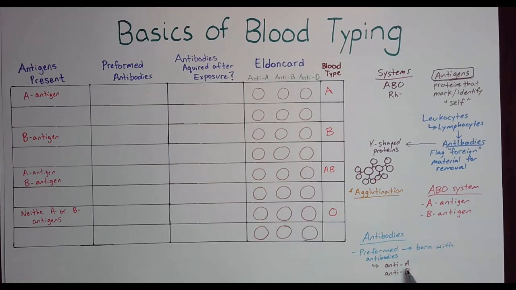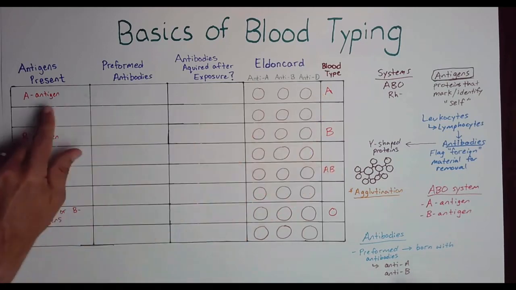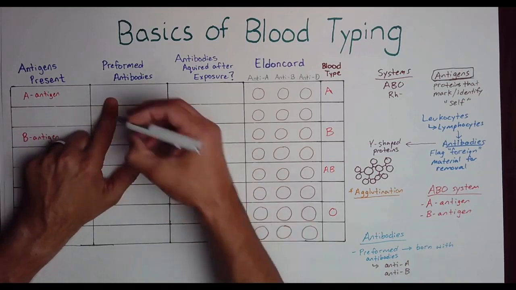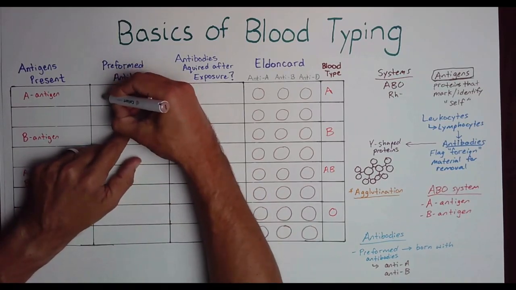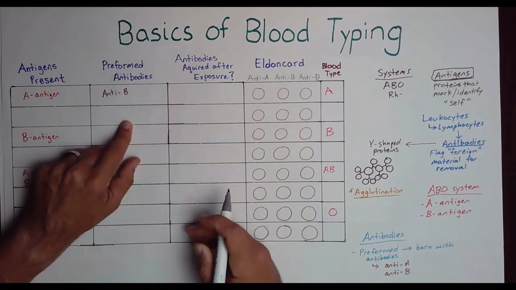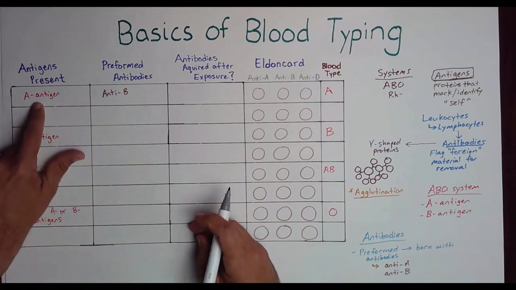So if somebody with an A antigen or a type A blood had anti-A, well then that anti-A would kill their own blood, in essence, which is of course not good. So what does this person have? Well, what would be foreign to them? The B antigen would be foreign to them. So what preformed antibody are they born with? Anti-B. They have the antibody that's opposite of the blood type that they have.